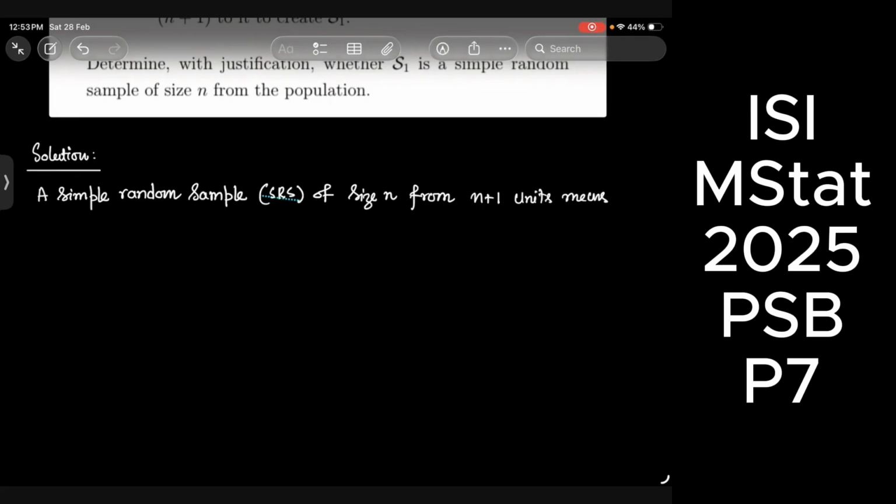It means every subset of size n has equal probability.